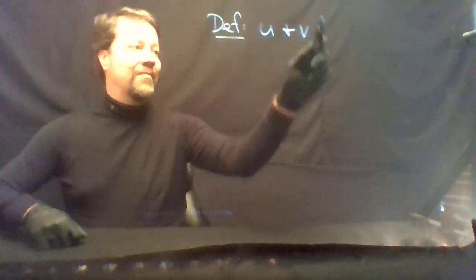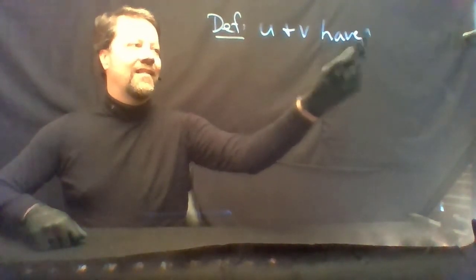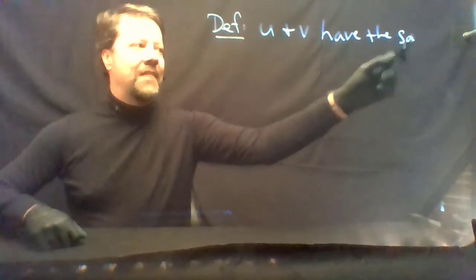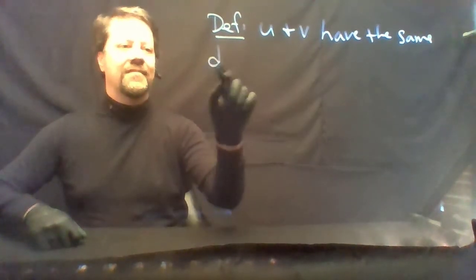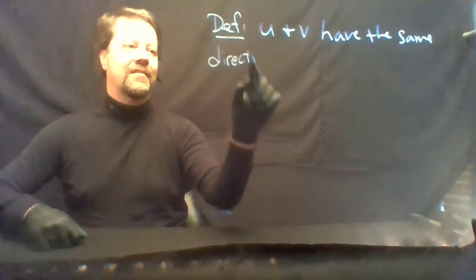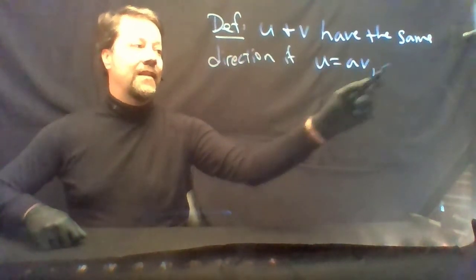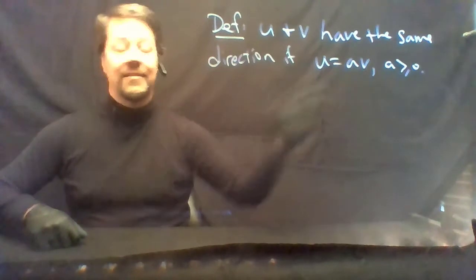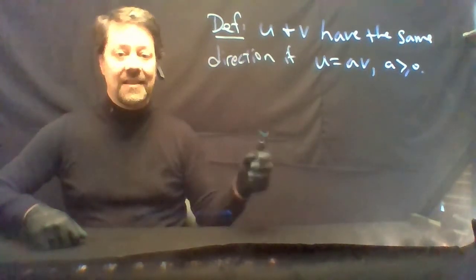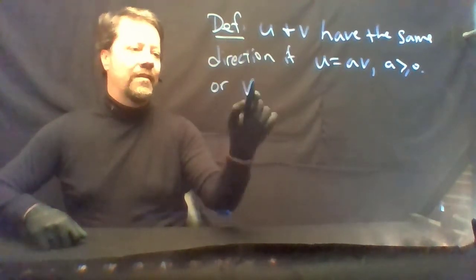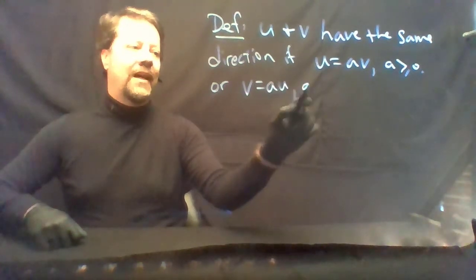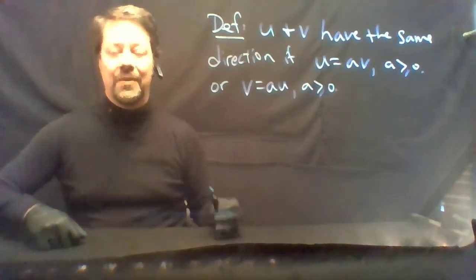u and v have the same direction if u equals a times v, where a is positive or 0, or v is a times u, a positive or 0.